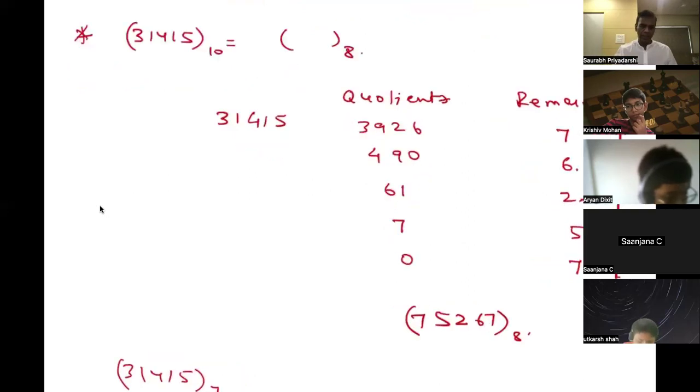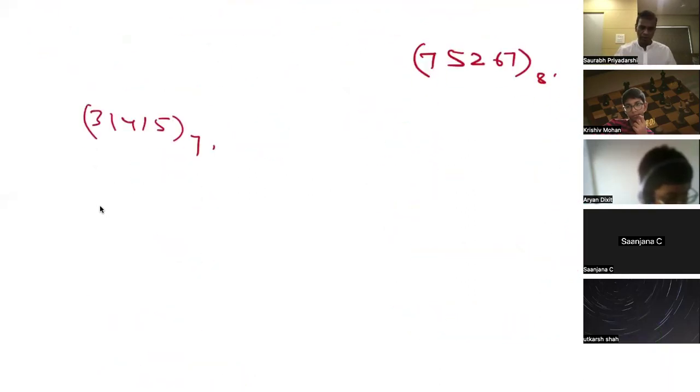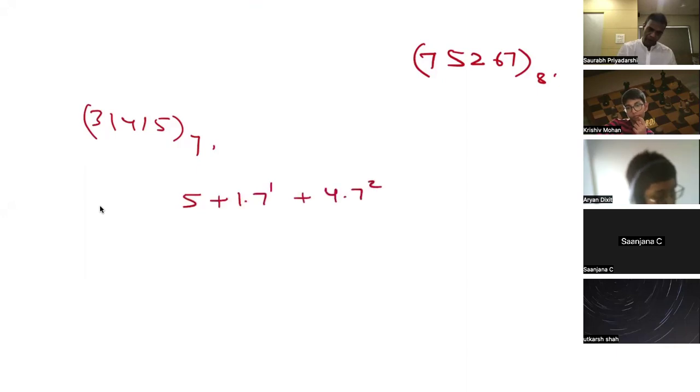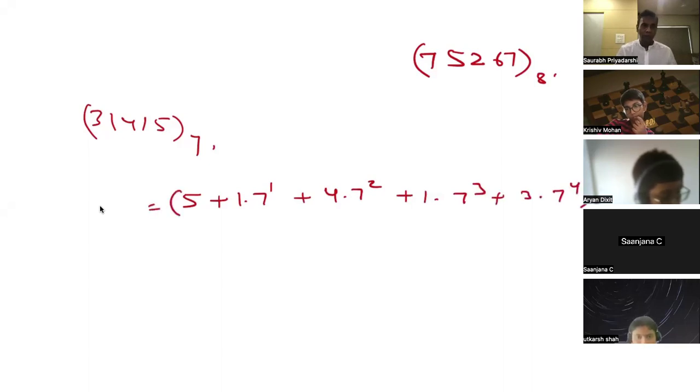तो बेस 10 में लाने में तो कोई दिक्कत नहीं है. I hope everyone is getting this, right? What is this number now? This number is 5 plus 1 into 7 to the power 1, plus 4 into 7 square plus 1 into 7 cube plus 3 into 7 to the power 4. So I hope everyone is getting it. 7754, something like this.